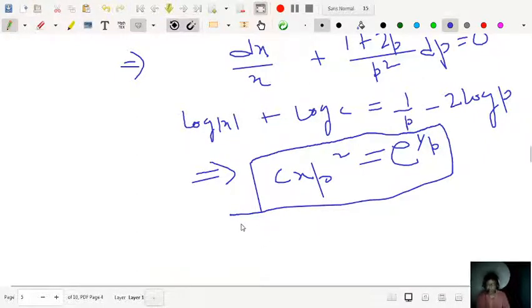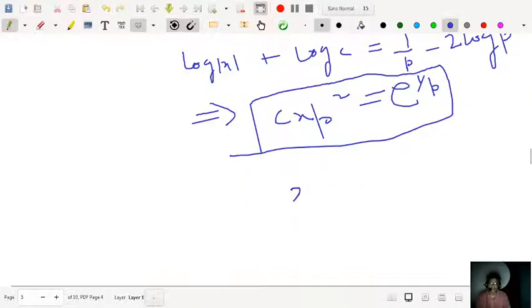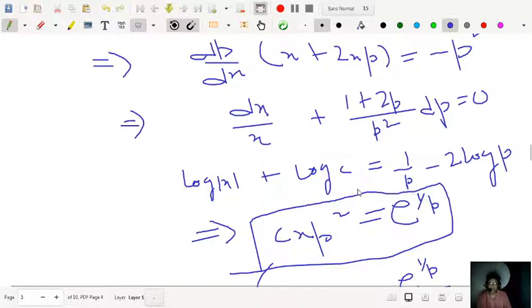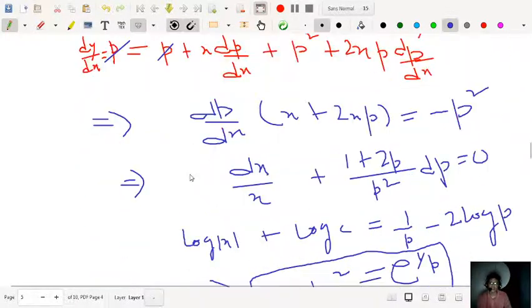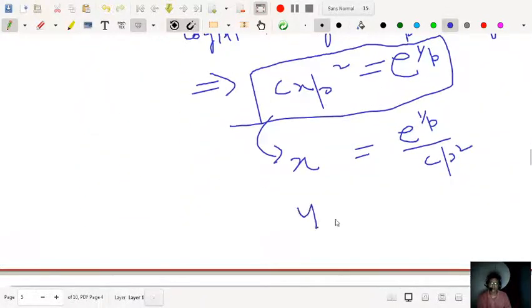Now you see, you can get the x from here directly in terms of p. So e to the power 1/p by c p square, right? And look at that, y is your x into p plus p square.